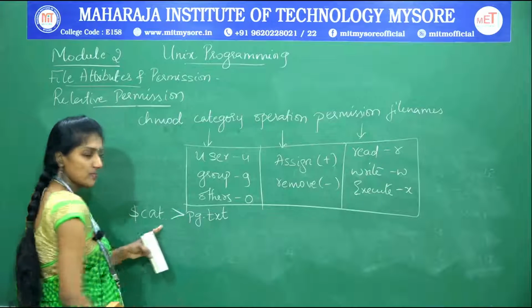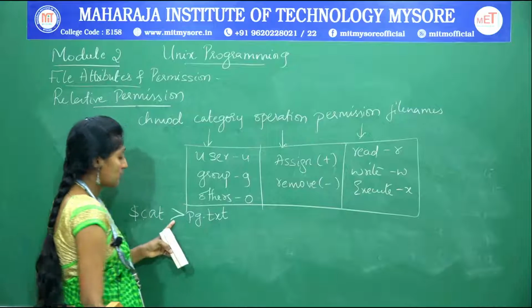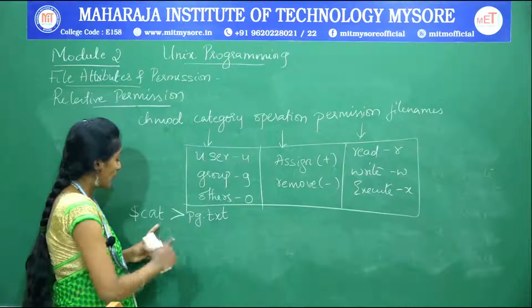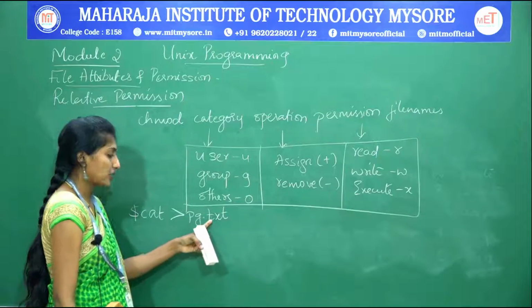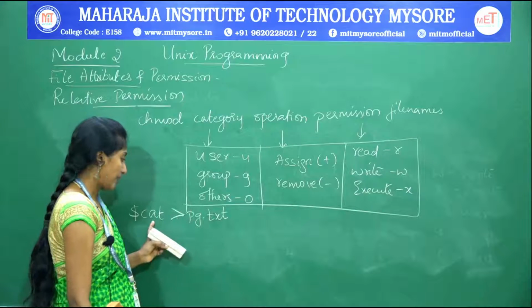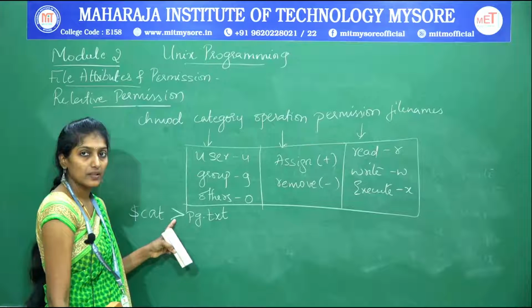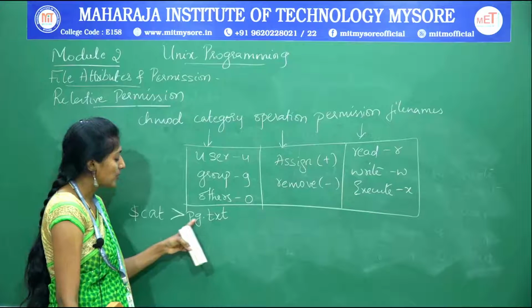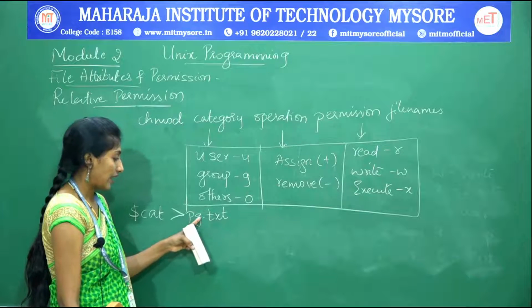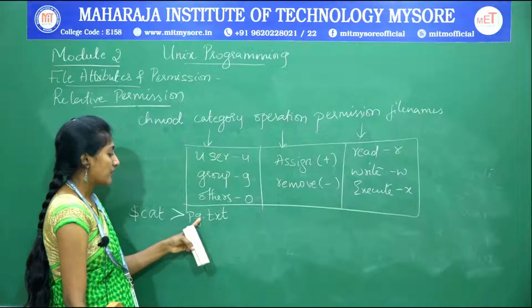As I said in the previous module, the cat command is used for 2 purposes. One is displaying the content of the file name you provide, and the other is, by using the redirection operator, creating and editing the content of the file.